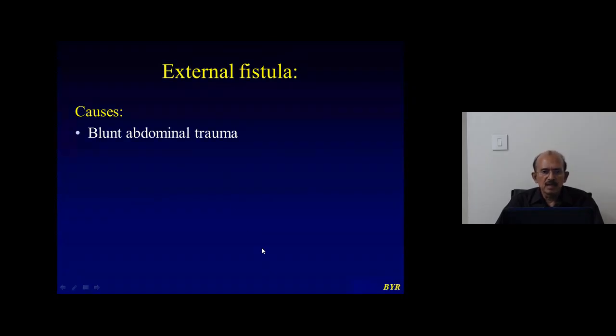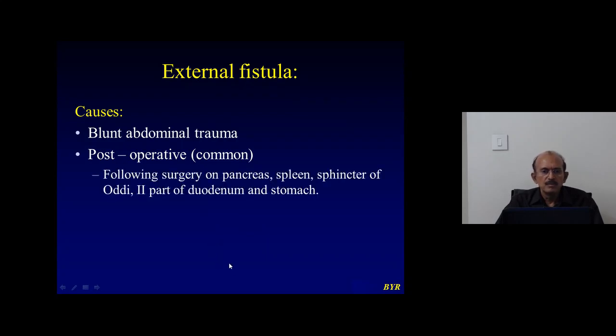The causes of external fistula: blunt abdominal trauma, and postoperative, which is very common. Postoperative means following surgery on the pancreas, spleen, sphincter of Oddi, second part of the duodenum, or stomach.